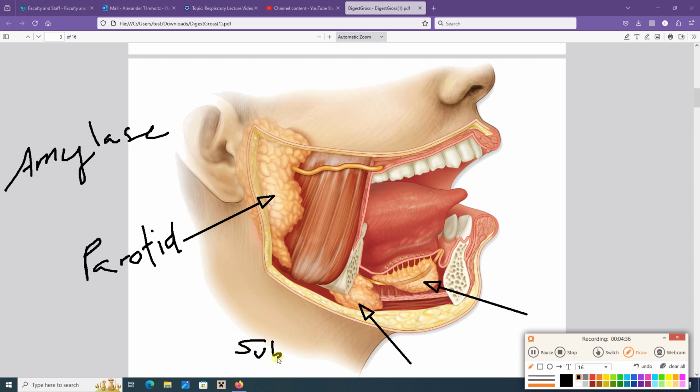The guy under the mandible is the submandibular gland. And then the last one right here, under the tongue, that is the sublingual gland. And by the way, all these are paired, so you've got two of each of these guys. And they make saliva, which has water for dissolving food, making it easier to swallow, plus immune proteins, plus enzymes like amylase for chemical digestion.